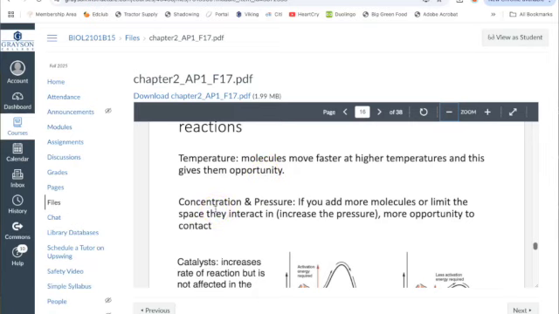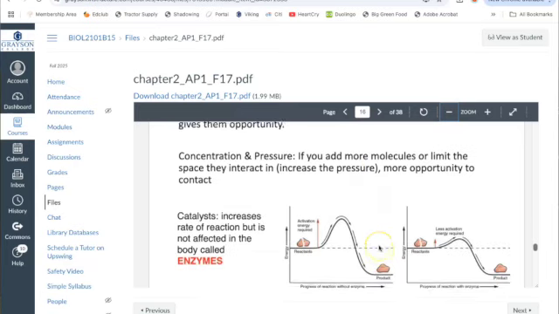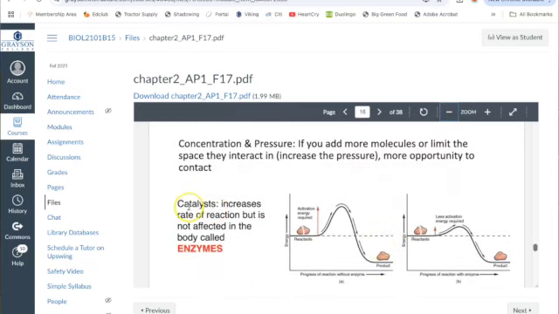It'll change the reaction time. And the catalyst is something that's added, for example, an enzyme, something that's added that helps with, instead of the reaction time being this long, the reaction time now is this long, okay? It's much faster.